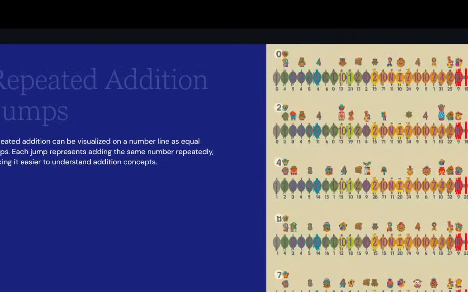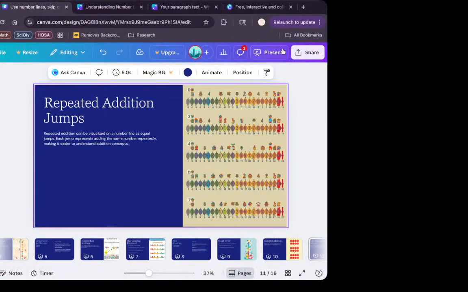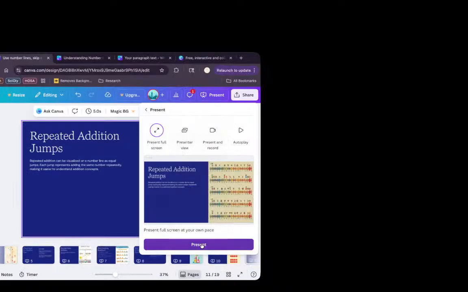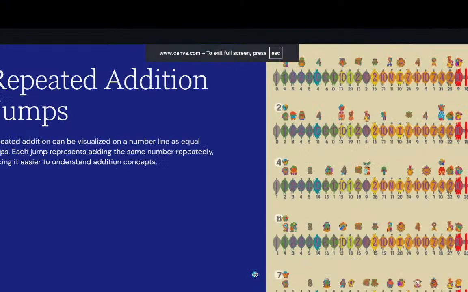So let's go over that. Repeated addition jumps. It's the same thing, but we're going to represent that on the number line. Each jump represents adding the same number repeatedly, making it easier to understand addition.